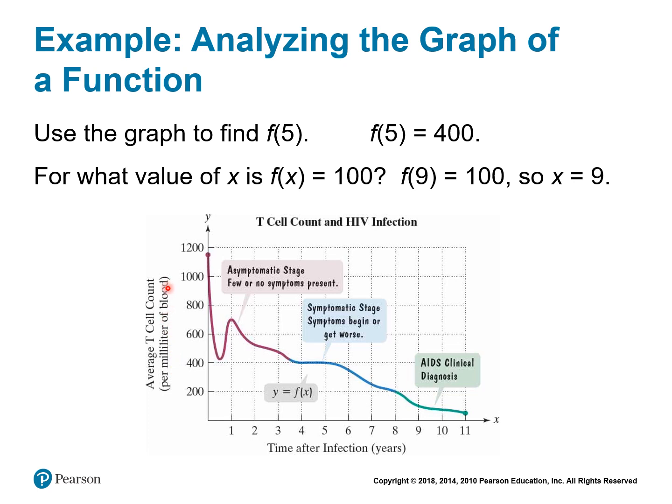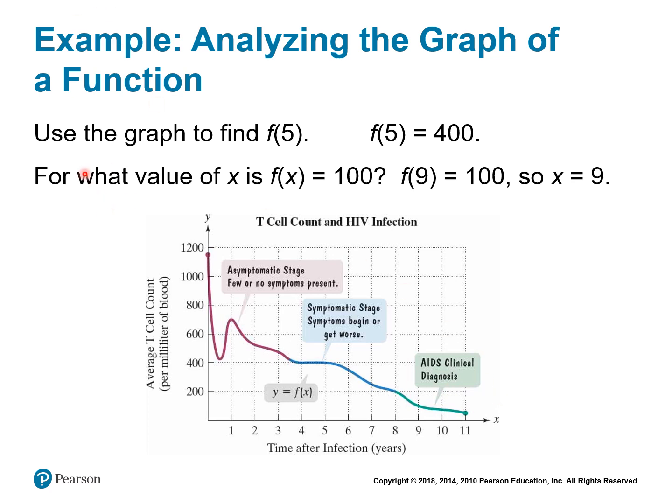What it means is that after getting infected by HIV, the T cell count drops for a period of time. So that's what this graph is representing.